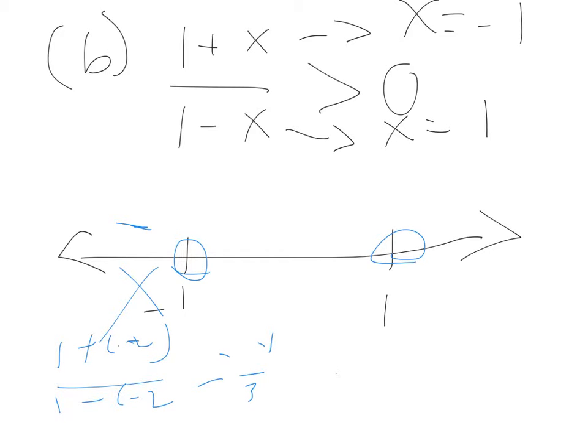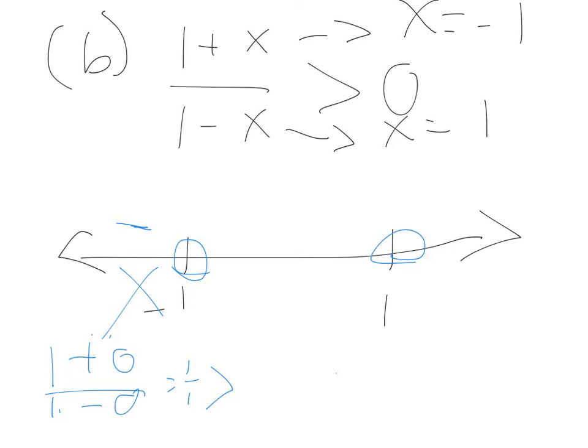So pick a number between negative 1 and positive 1. You could choose 0. So instead of 1 plus x, you can try 1 plus 0. And then instead of 1 minus x, it would be 1 minus 0, so it would be 1 over 1, which is positive. So that works. That interval works, but we have to check the other one.